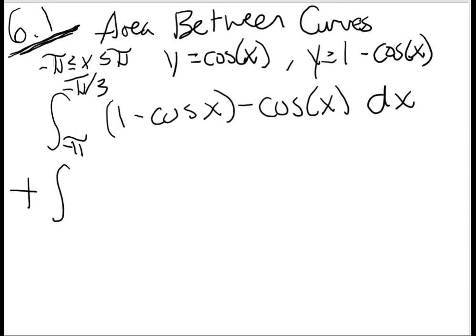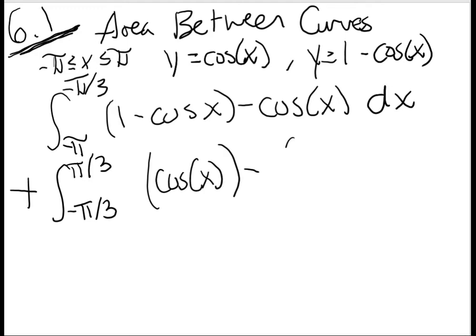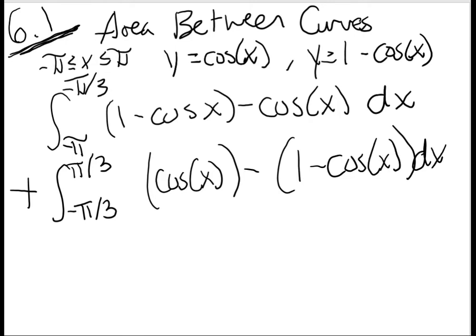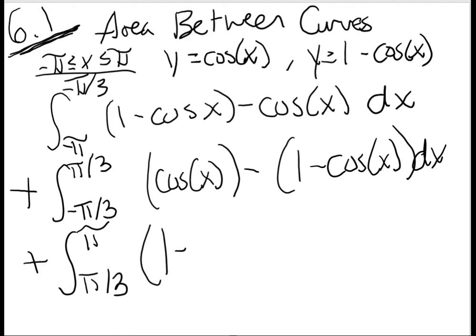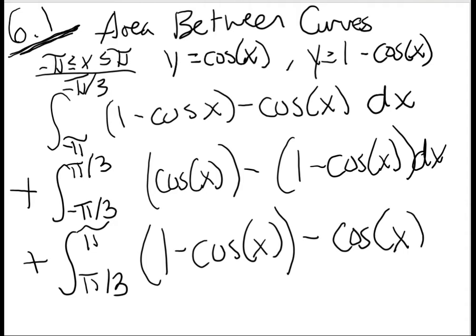Plus what? Well, you just continue, from negative pi over 3 to pi over 3. And now they flip. It's cosine x minus 1 minus cosine x. And then the last little bit, pi over 3 till the end, which is pi, the top one, if you look back at the graph, is 1 minus cosine x minus cosine x dx.